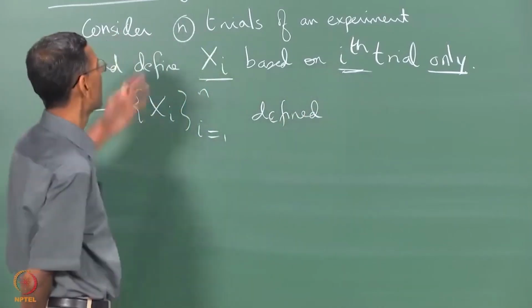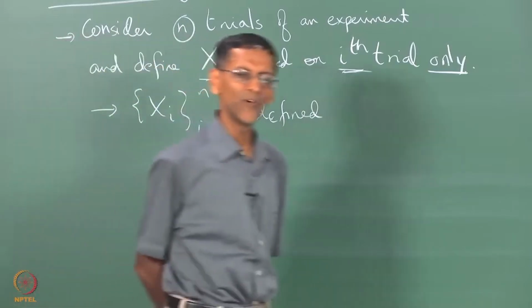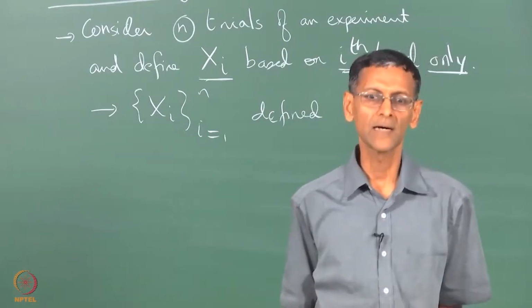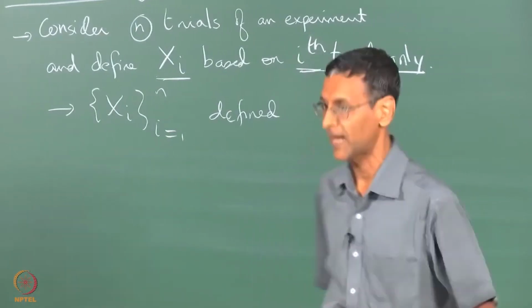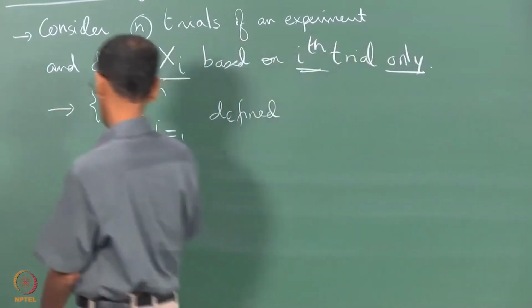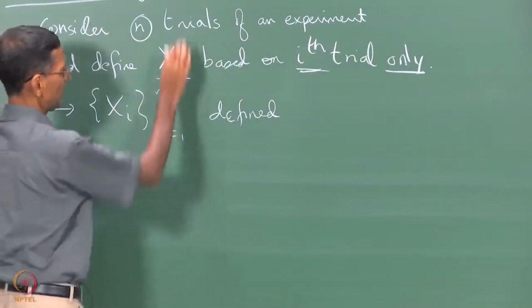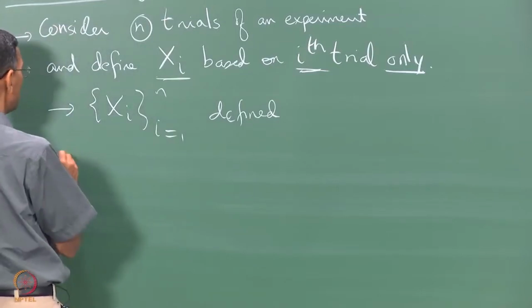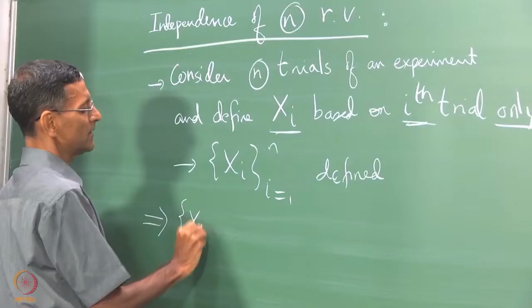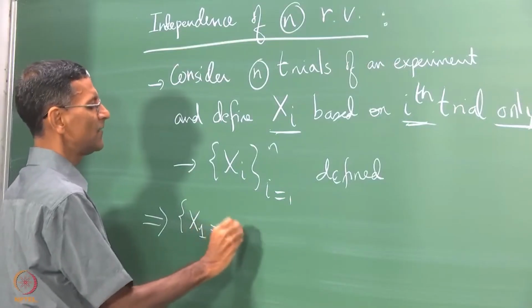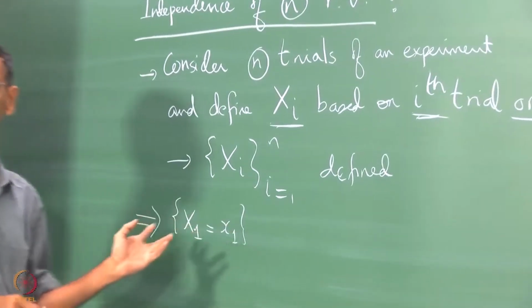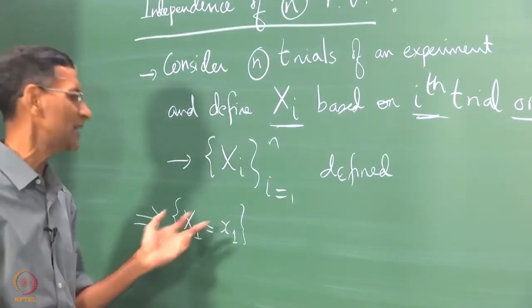So these n random variables actually turn out to satisfy a very interesting property, because the trials are independent. When I say n trials, automatically the n trials are independent, right? So the events X1, if you look at these events, now you might ask the question, why do we repeat the X?